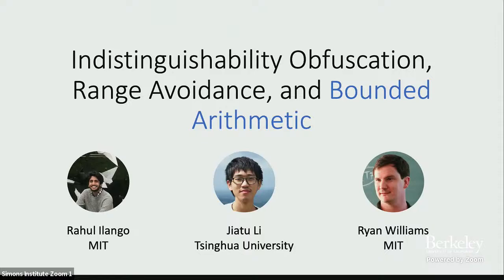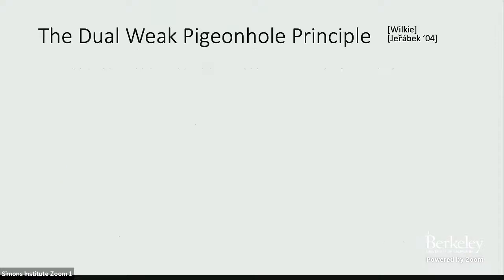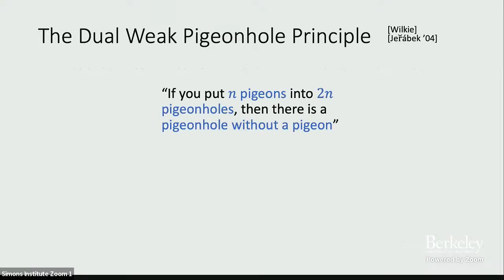So this talk is going to be about the unprovability of the dual weak pigeonhole principle in certain theories. So what is the dual weak pigeonhole principle? It's something we've heard about already. It just says if you put n pigeons into 2n pigeonholes, then there must be a lonely pigeonhole, a pigeonhole without a pigeon. The factor 2 here isn't so important.